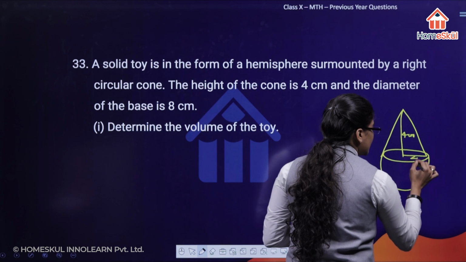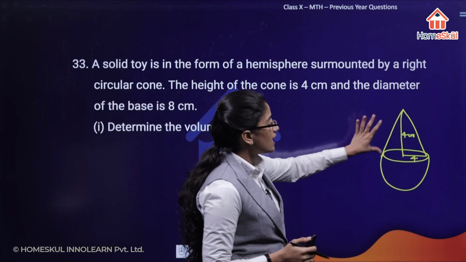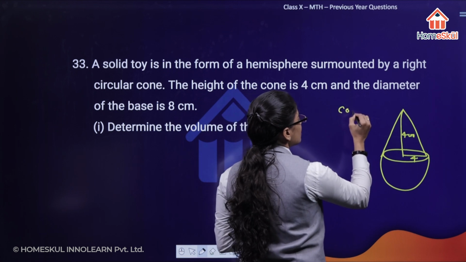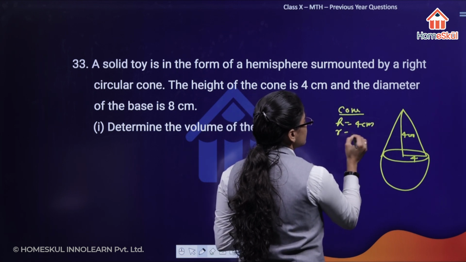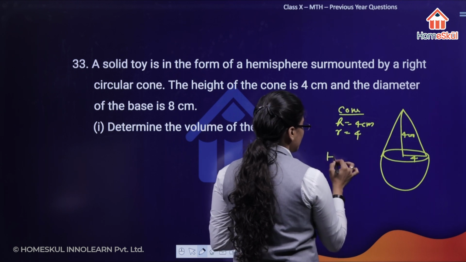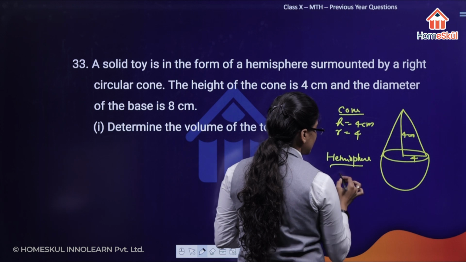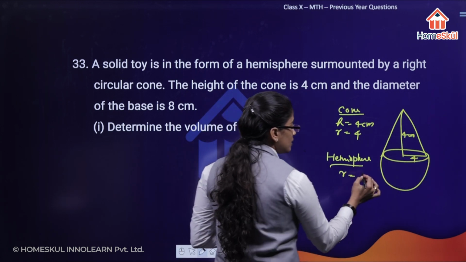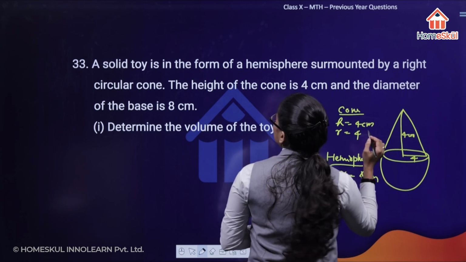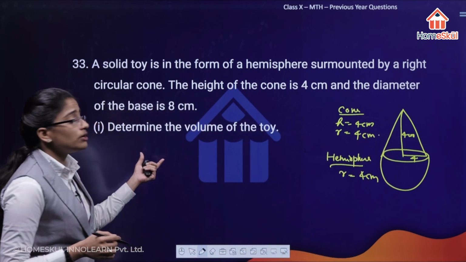Regarding the cone, the height is 4 cm and the radius is also 4 cm. With respect to the hemisphere, the radius will be the same as that of the cone, which is 4 centimeter itself.